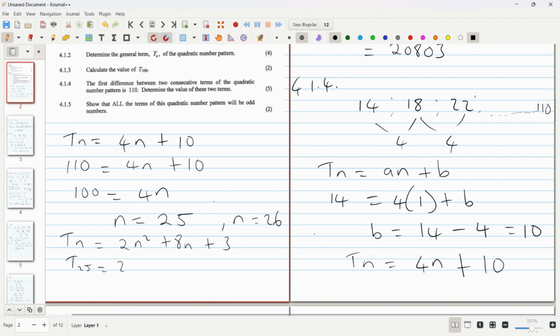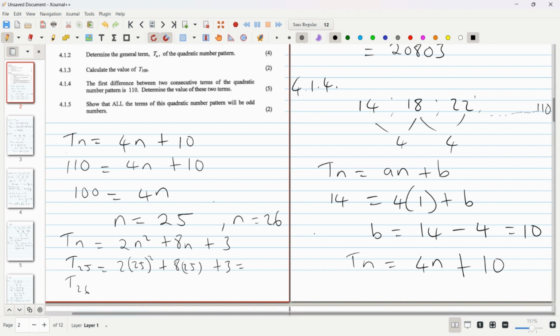In the place of n, you put 25 squared here, and then 8 times 25 here, plus 3, then you get your value. And then 26, you do the same, 2 times 26 squared, and then 8 times 26 here, plus 3. Sorry, it's not 25, it's 26 here. Sorry about that. So you use your calculator.